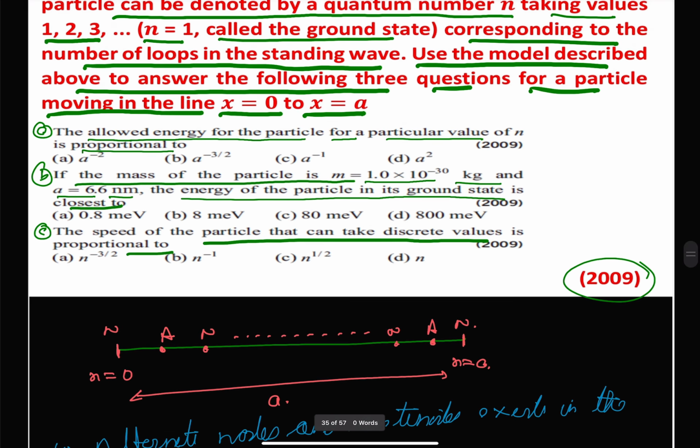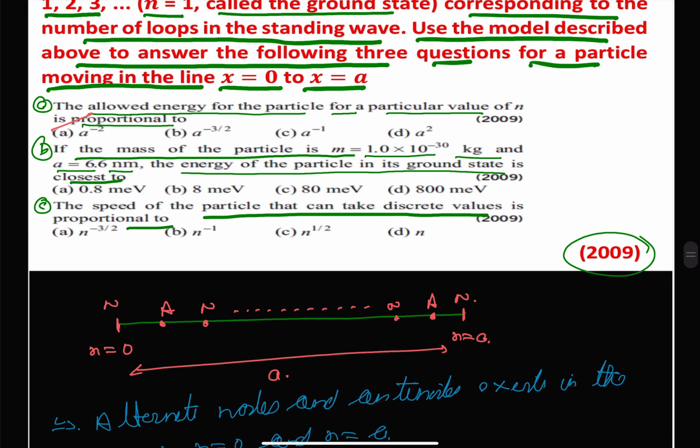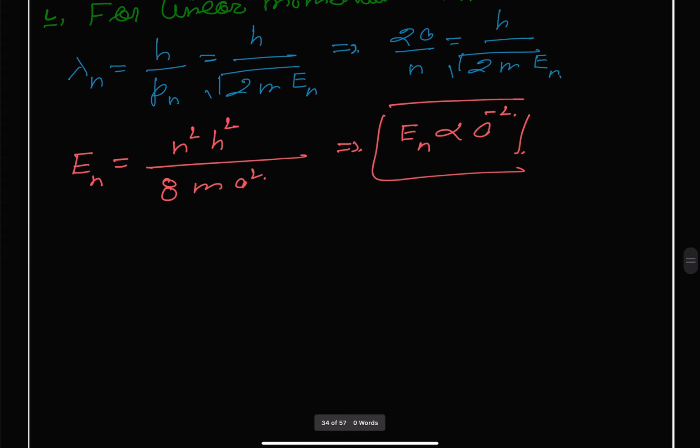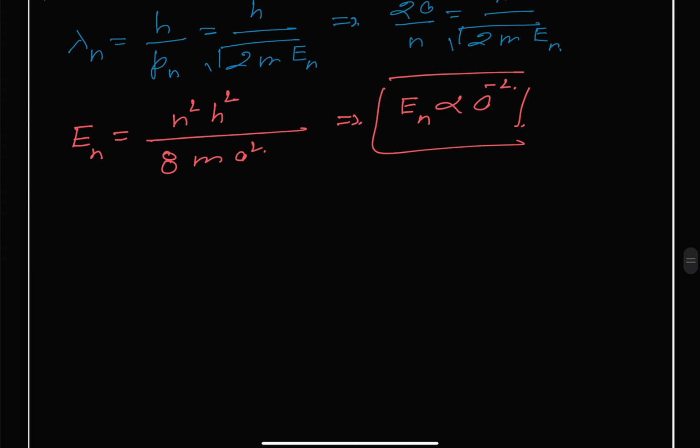So we get a raised to power minus 2. Option A is correct.